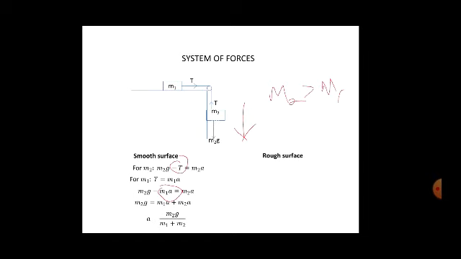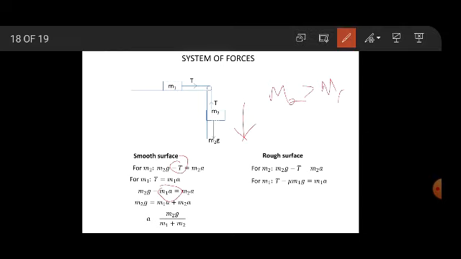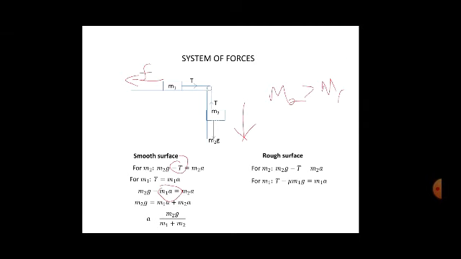Now let's see if the surface was rough. For M2, it will still remain the same, M2G minus T equals M2A, because there is no frictional force there. But for M1, there will now be a frictional force acting this way, opposing the motion. So the resultant force will be T, the tension, minus mu M1G, that's mu R, equals M1A.